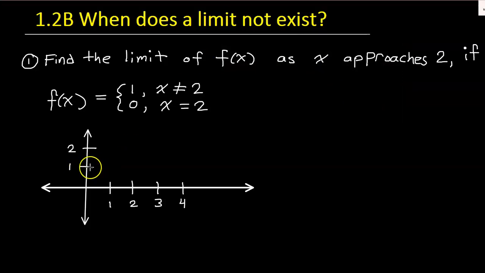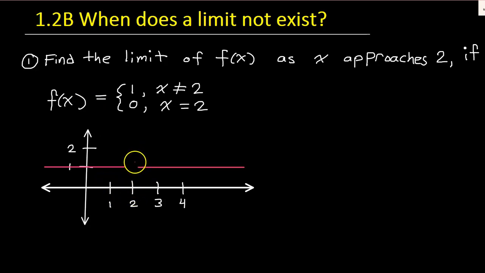All right, so if the function has a value of 1, then that means it's just going to be a straight line. But I'm going to stop short of 2 and sort of skip over it in a way, because the function's going to have a value of 1 everywhere except for 2.